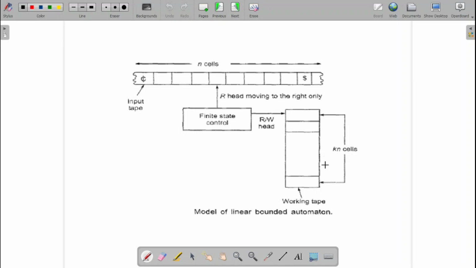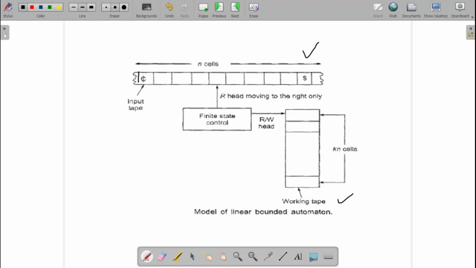If we go with the block diagram of the linear bounded automaton, here we have two tapes: one is the input tape, the other is the working tape. In the previous standard Turing machines, the working tape concept was not there. This is newly introduced in the linear bounded automaton.